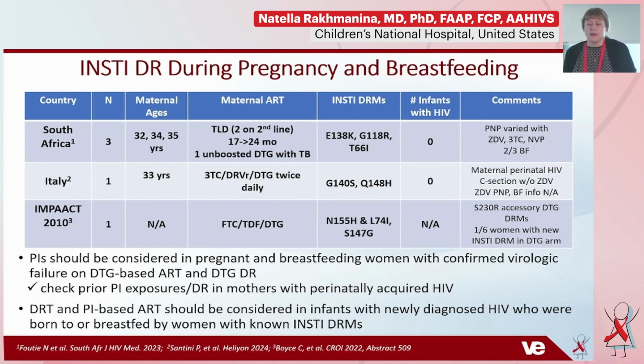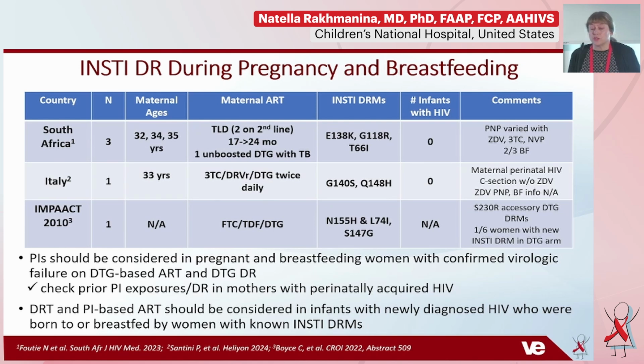Preparing for this talk, I looked at the literature on what is available on INSTI DR during pregnancy and breastfeeding, trying to tease out the question of transmitted resistance. You have probably heard about the recent South African cases: three women on TLD with virological failure in pregnancy and breastfeeding. The INSTI DRMs are listed on the slides, and there was zero transmission; the standard of care PNP was given. Two infants were breastfed.